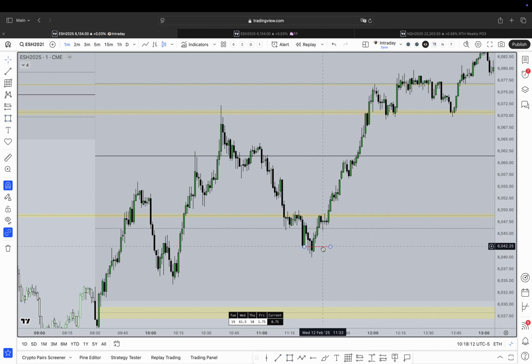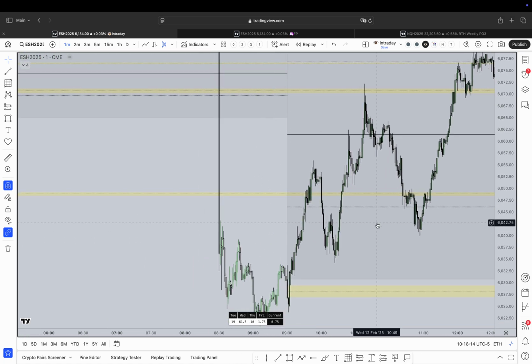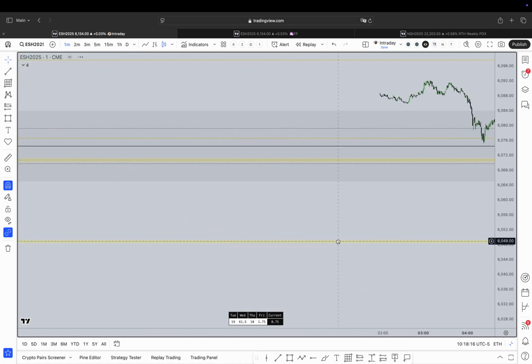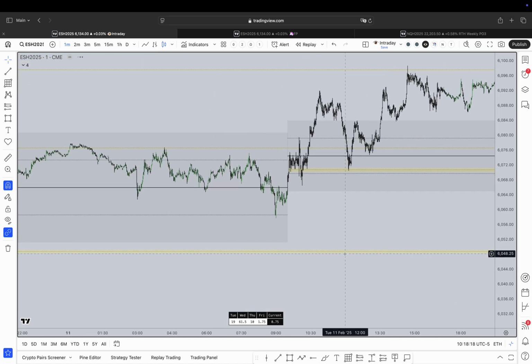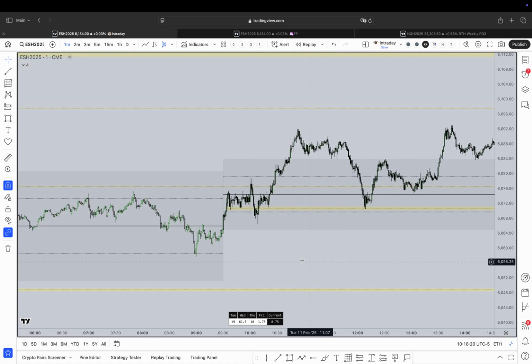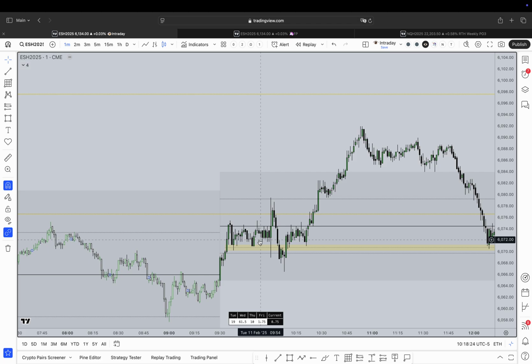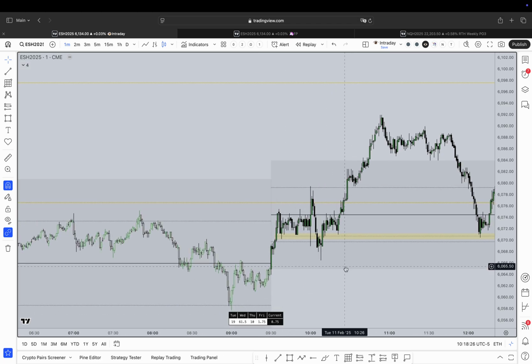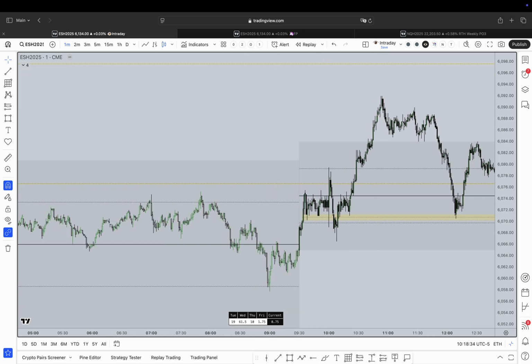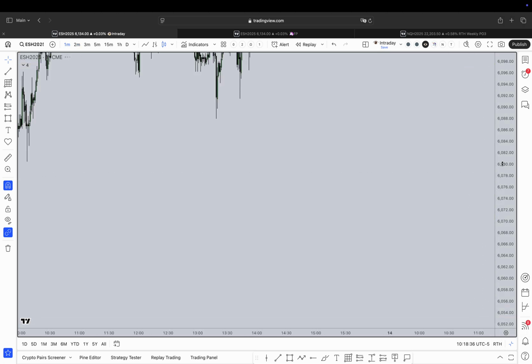So this was on Wednesday. And this was on Tuesday. This is something that happens when you are bullish and you gap lower in relation to the previous regular trading hours range.